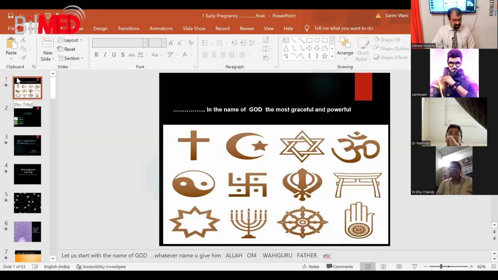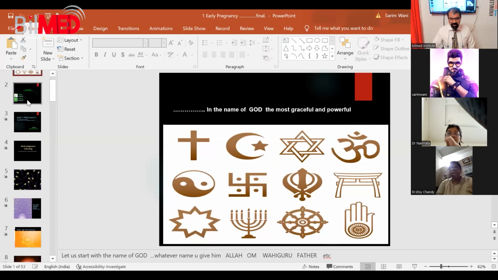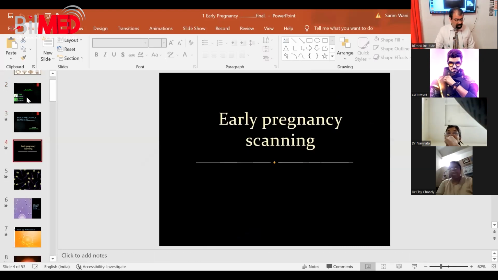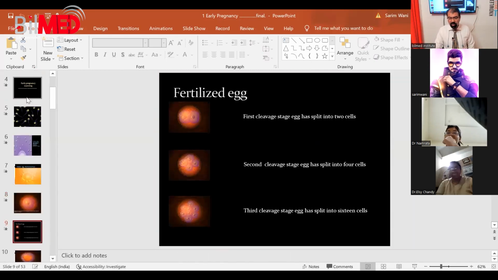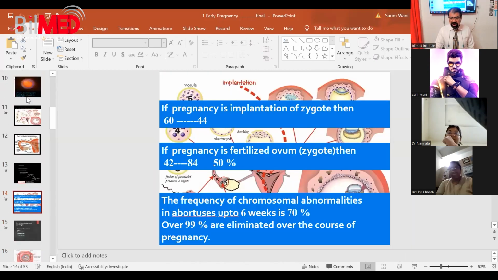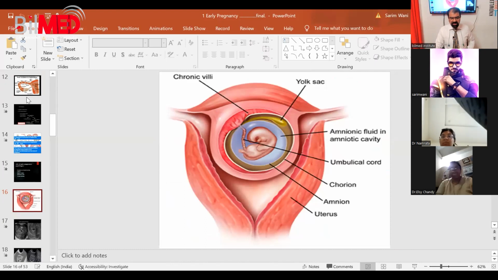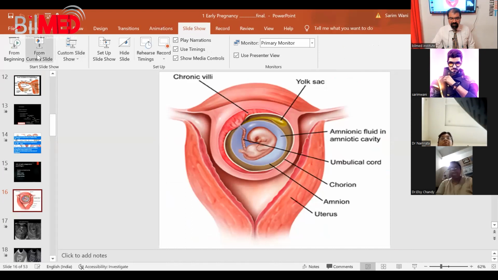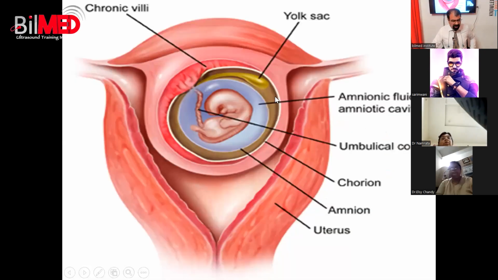So now let us see where we left yesterday. Yesterday we discussed a bit about embryology. These are the points which we discussed: embryology, then this very, very important slide of early pregnancy.